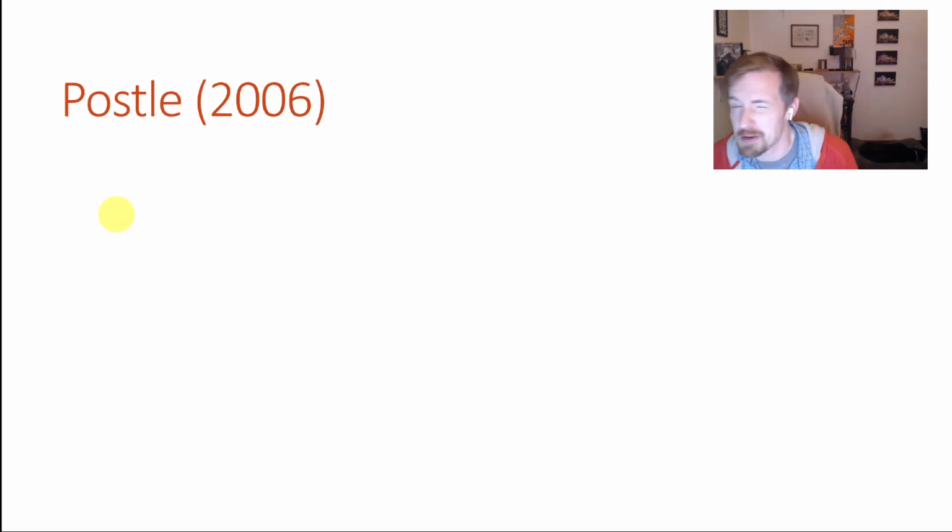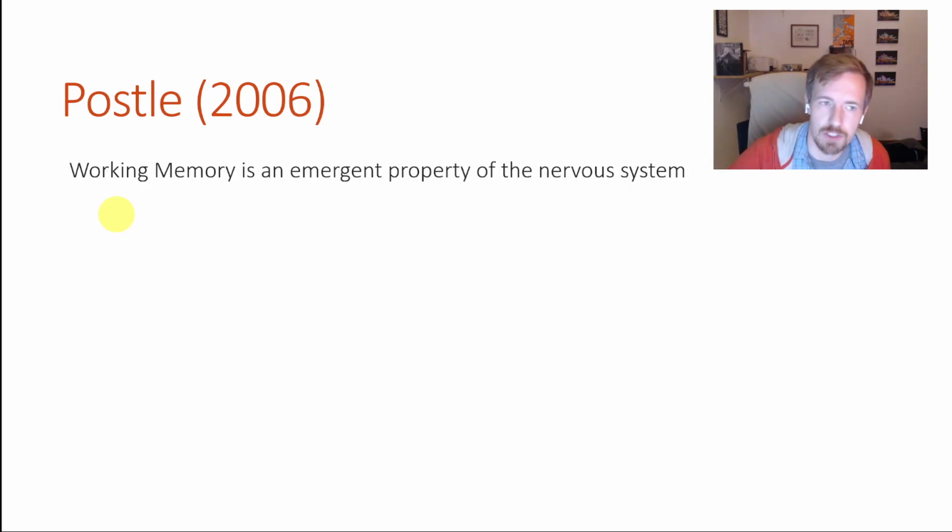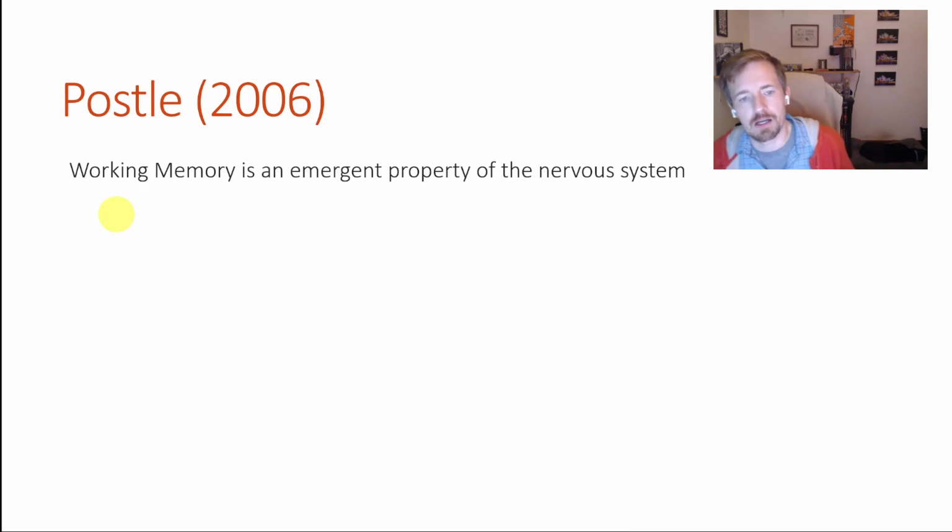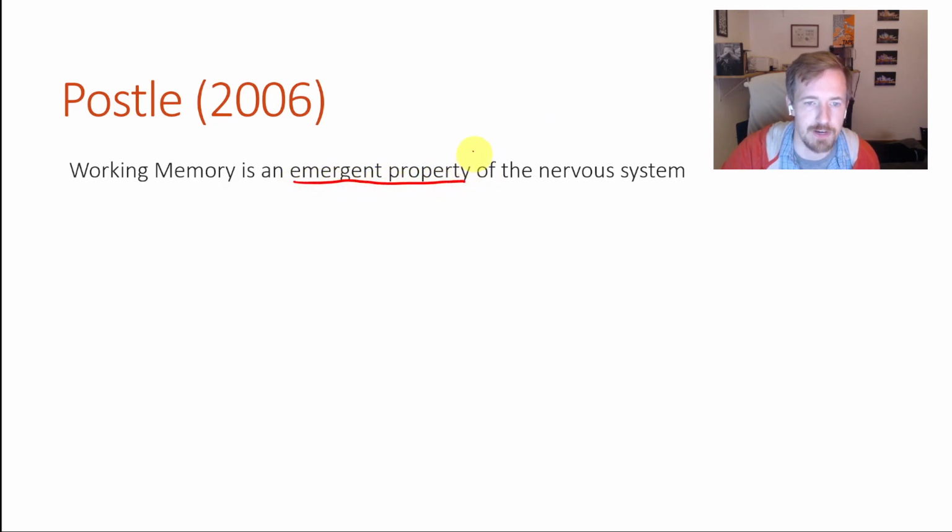Here is maybe my favorite of these alternatives, which is Brian Posel, his what he calls emergent property model of working memory. And his view is that working memory is an emergent property of the nervous system. If you're not familiar with this phrase, emergent property, it comes to us from physics and chemistry.